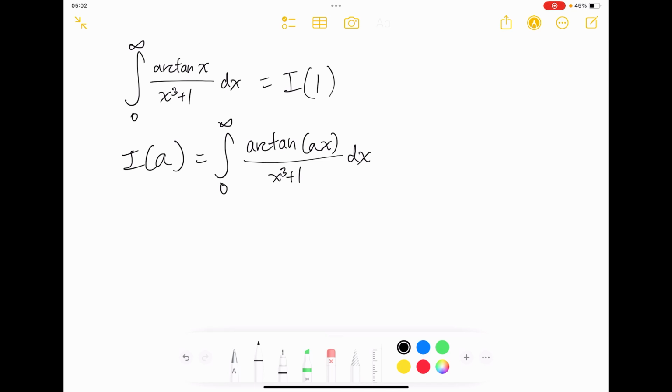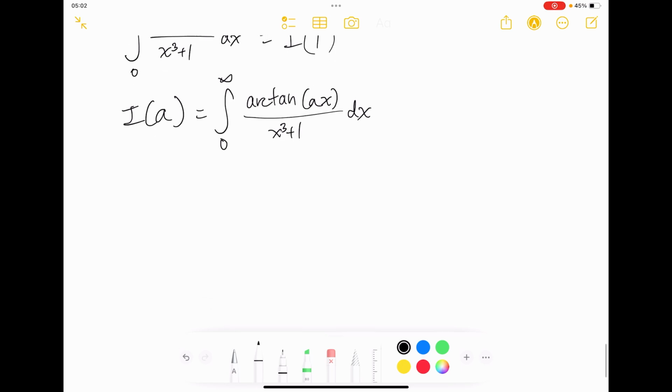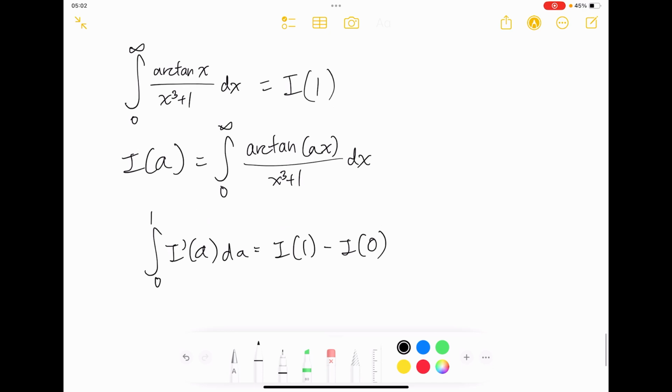And we made use of the fundamental theorem of calculus, because we noticed that if we took the integral of I prime of a, which we explicitly found as well, this would be equal to I of 1 minus I of 0 if we set the bounds to 1 and 0. And I of 0 is just 0, because a equals 0 makes the entire integral 0.